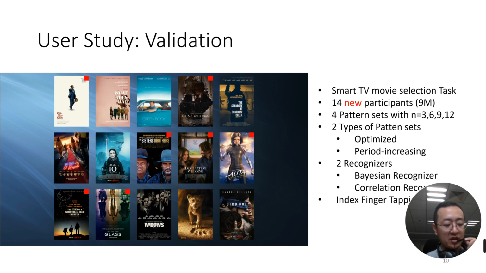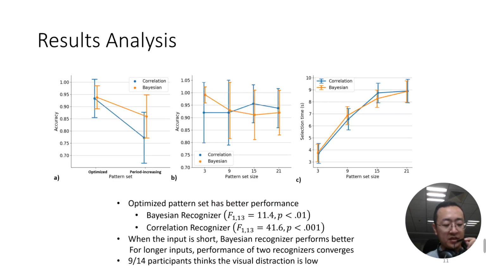The results show that the optimized pattern set has better performance for both recognizers when the input is short, and the Bayesian recognizer performs better. And when the input is longer, the two recognizers' performance actually converges. And surprisingly, 9 of 14 participants thought the visual distraction was actually low.